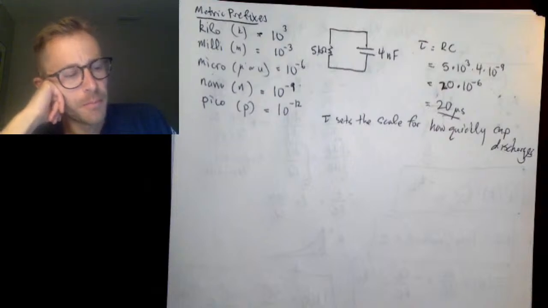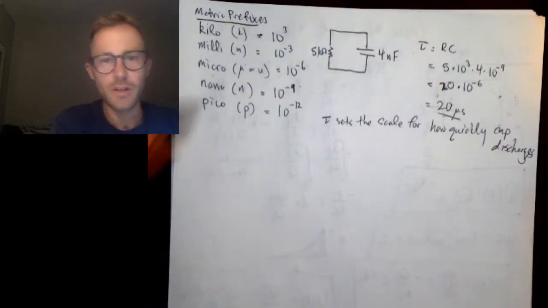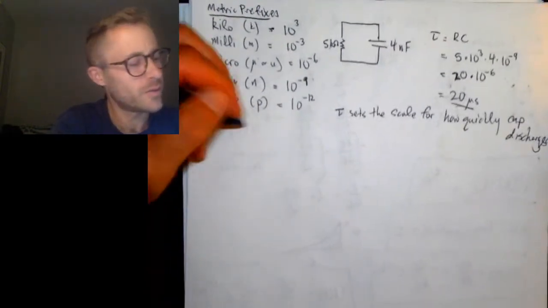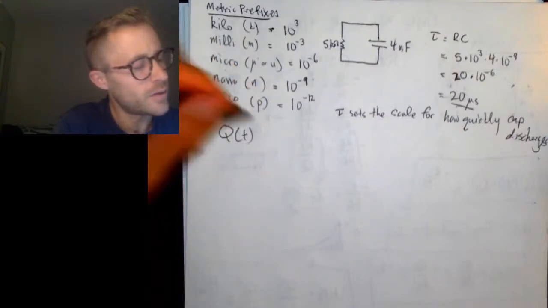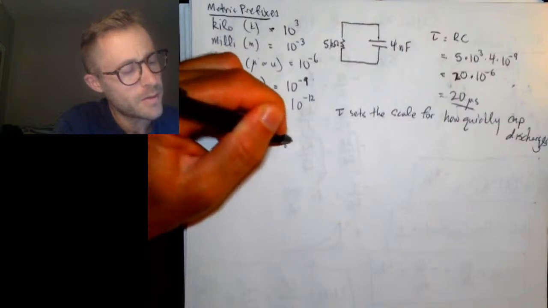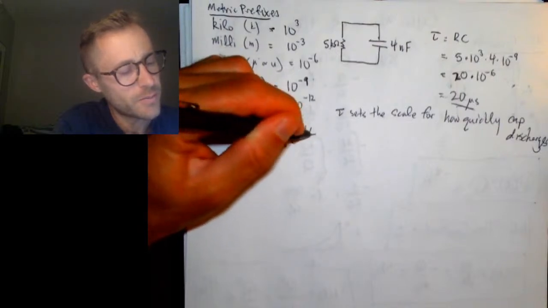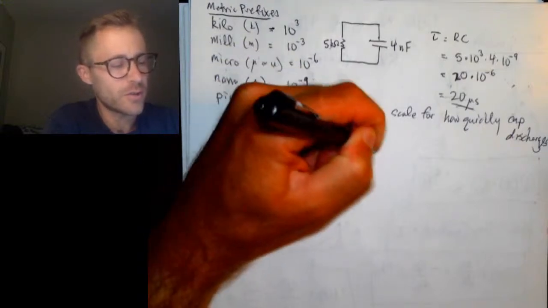All right. So we know that the charge as a function of time is Q naught e to the minus t over tau. We know how to get tau because tau is RC.